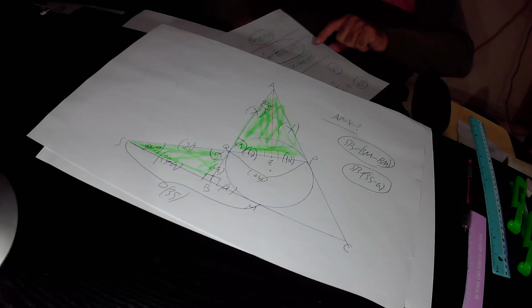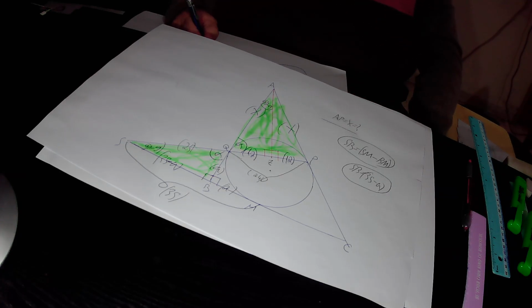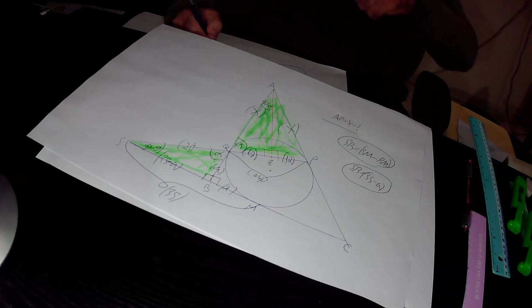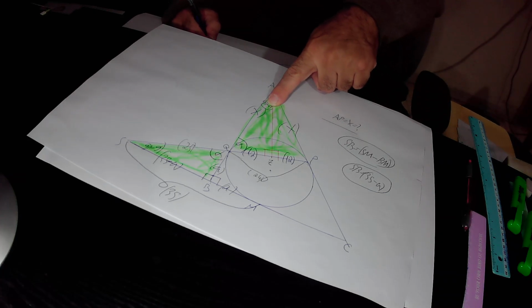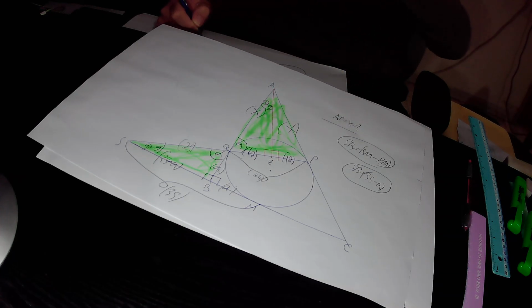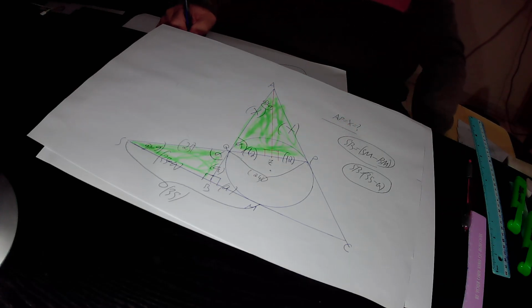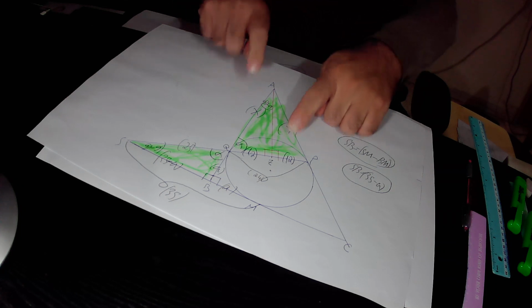QS is 25 over AQ. AQ is X, that is the variable that we are looking for in this question. And it is equal to QB. QB is 8 over QZ. QZ is 12.